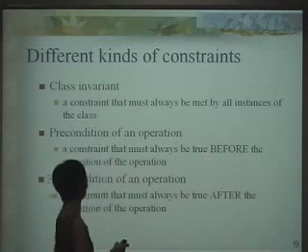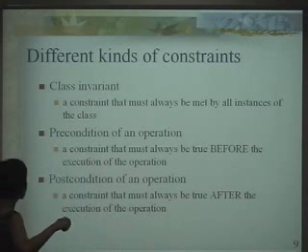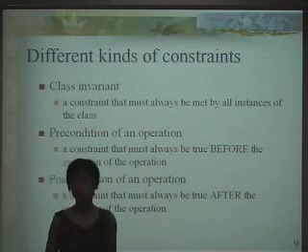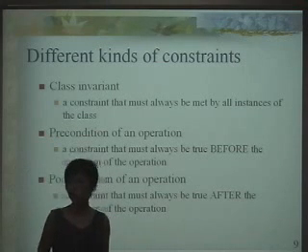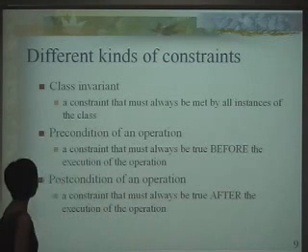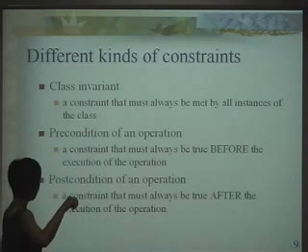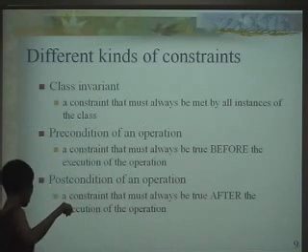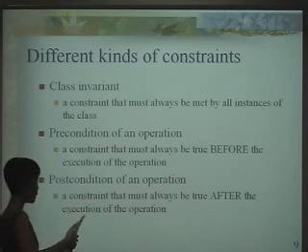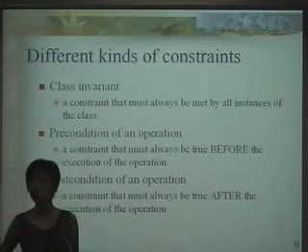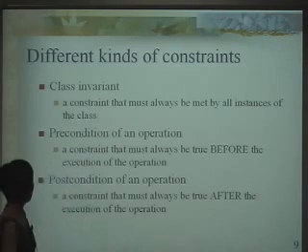The keyword here is INV. So when you see INV, it means that for all instances of this particular class, this particular Boolean expression in the constraint must be true.